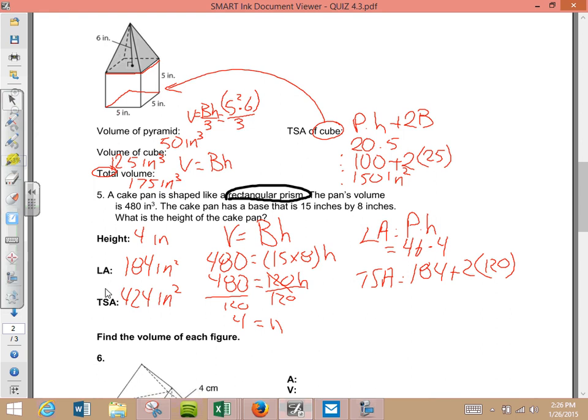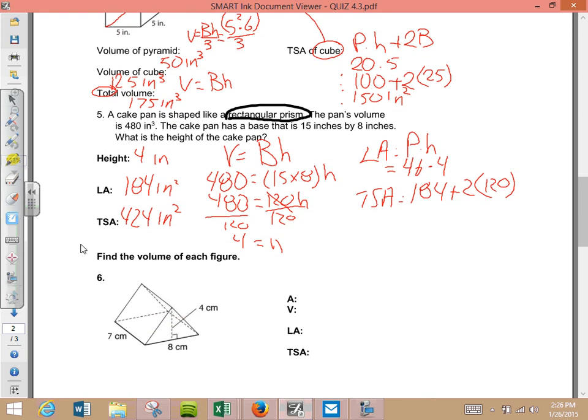I need you to go back and do this one. I'm going to change the numbers for the same thing right here. So let's say that this is 20 and this is 12.